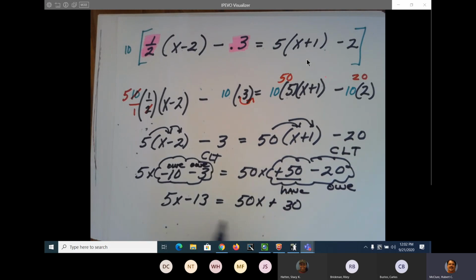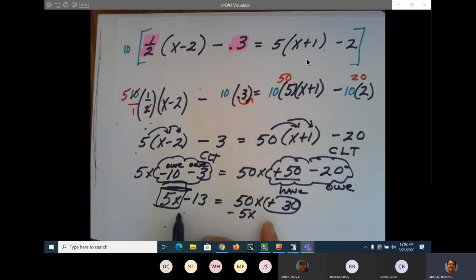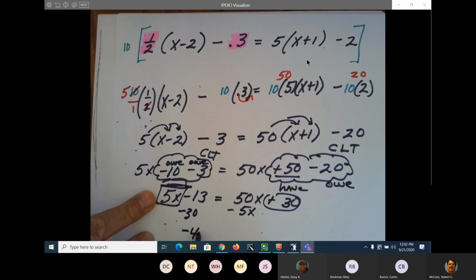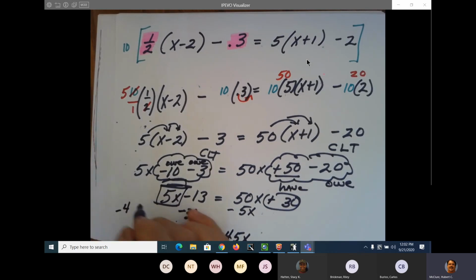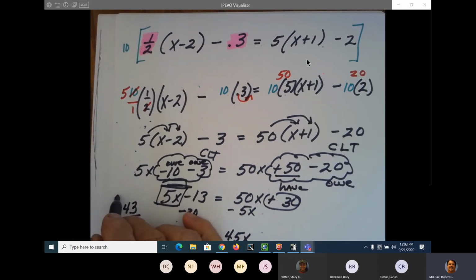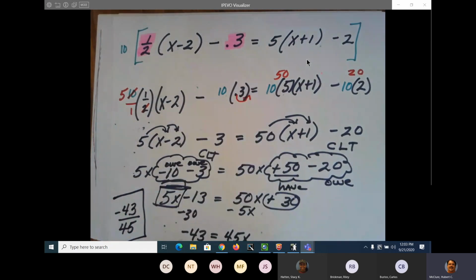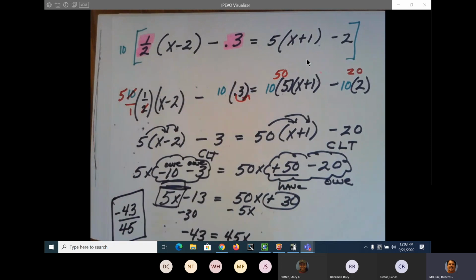Which one's the smallest bucket, 5x or 50x? 5x. Goes across the river. 30 goes across the river. Negative 43 is equal to 45x. So your final answer is negative 43 over 45. And you can reduce that or change it into a decimal, but that would probably depend on the directions of the problem.